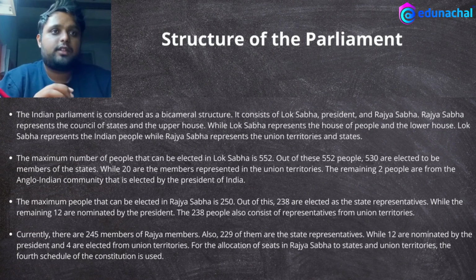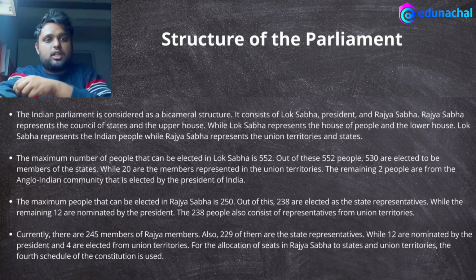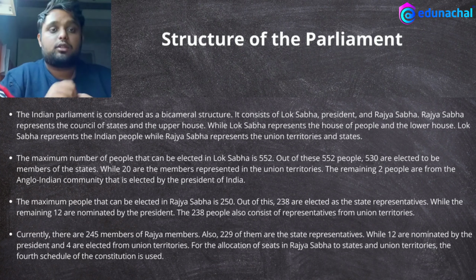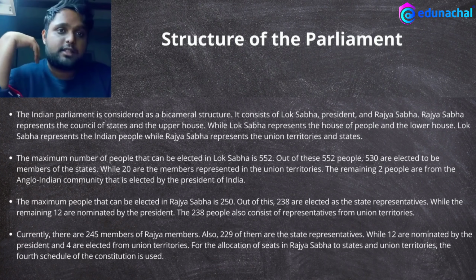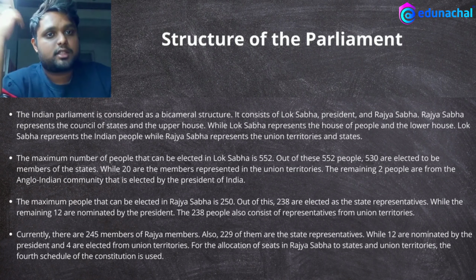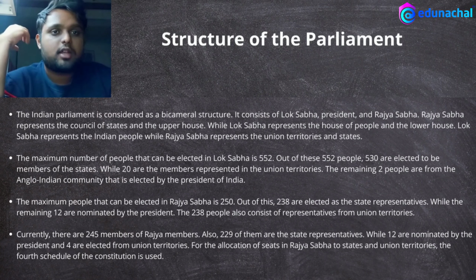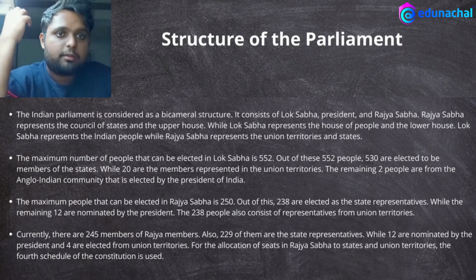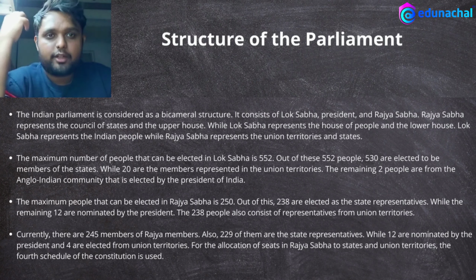So if there is some deadlock between two bills, the president calls for the two houses to come together and they can vote on this, but still the size of Lok Sabha is far greater than that of Rajya Sabha. So the Lok Sabha members from a majority party can actually get a sway on this.